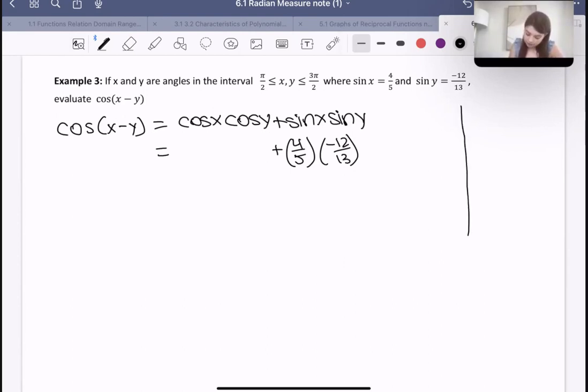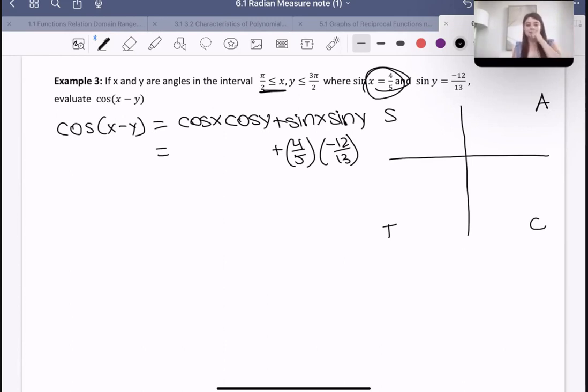So because 4 over 5 is positive, this x triangle would have to be in either quadrant 1, where all are positive, or quadrant 2, where sine is positive. Now, our restrictions say that x must be greater than or equal to pi over 2, or really that pi over 2 is less than or equal to x.